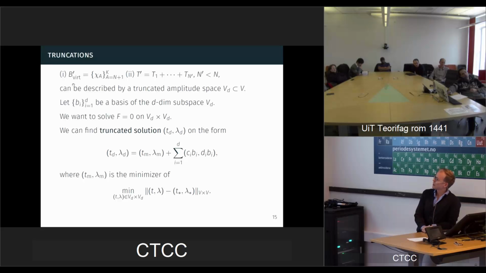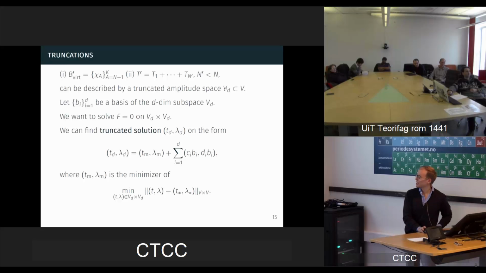So here I just put a prime on this virtual basis, or it's not a basis anymore, but a set of functions. So that's one way we have truncations, and also this excitation level of the cluster operator. And now we describe this.